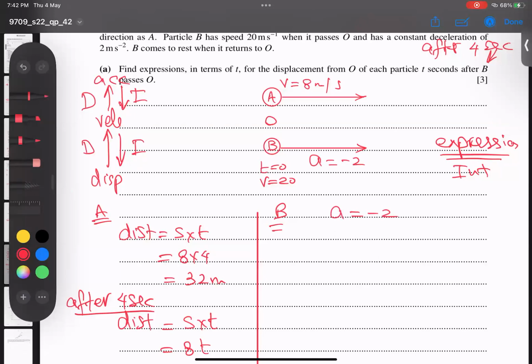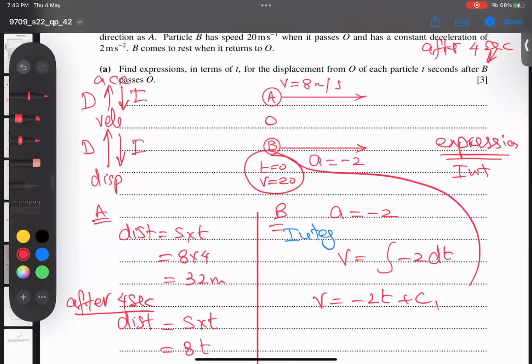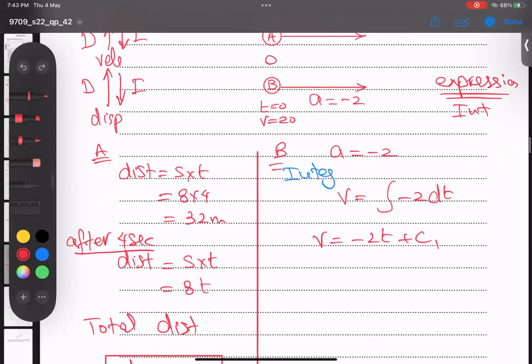And now integrating both sides. When I integrate both sides, students, what happens? I get velocity equals integration of -2 with respect to time, and v becomes -2t plus C1. And now we have one data available to get C1, and that is, put t = 0, velocity 20, given by him.